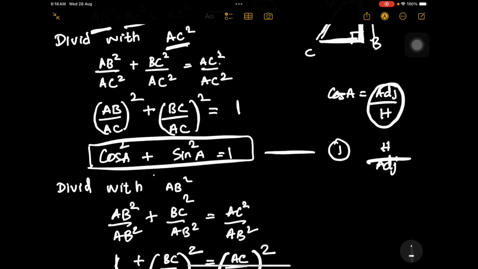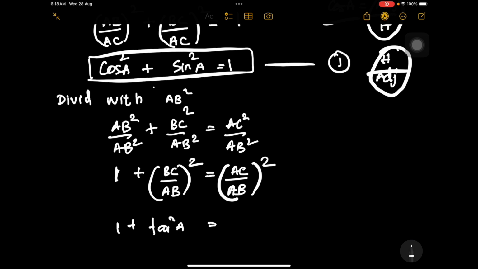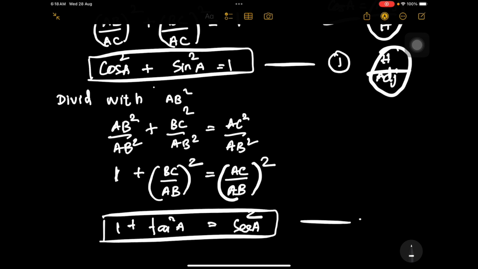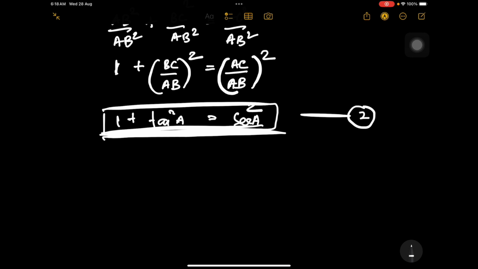Adjacent over hypotenuse is cos A, so hypotenuse over adjacent is the other way around, which is 1 over cos A. So that is sec A, which is squared. So this is the second identity: 1 plus tan squared A is equal to sec squared A.